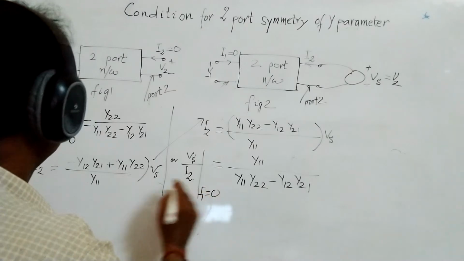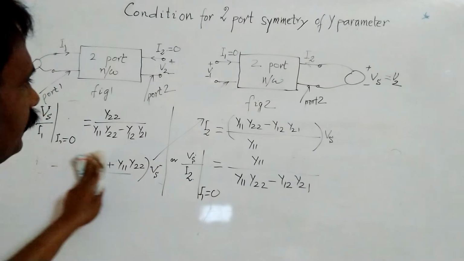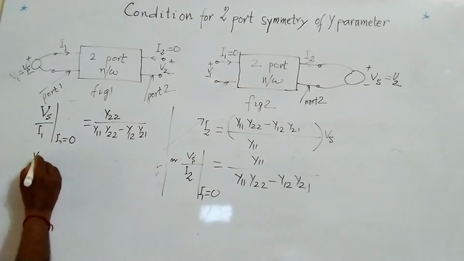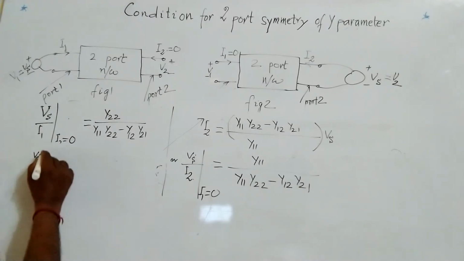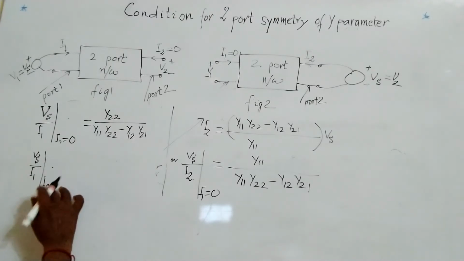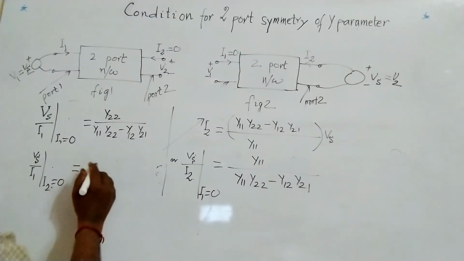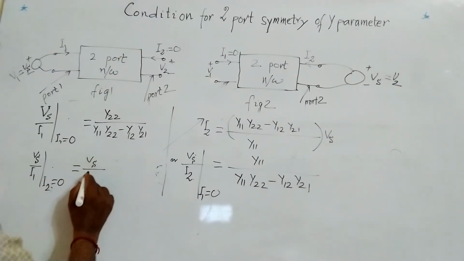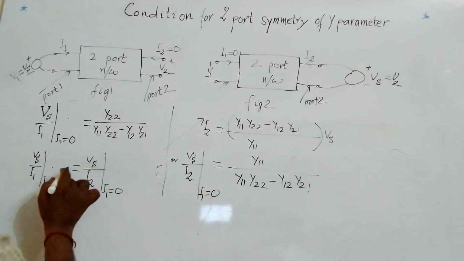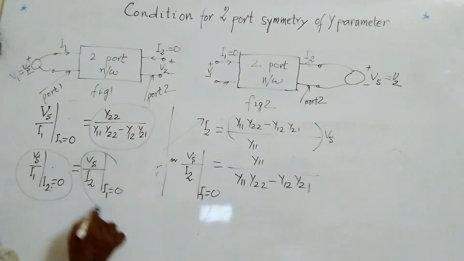Then we have found out the second condition. Then what was the condition of symmetry? Condition of symmetry was Vs by I1 when I2 equal to 0 equal to Vs by I2 when I1 equal to 0. There this value we have already found out, and this value is now this one.